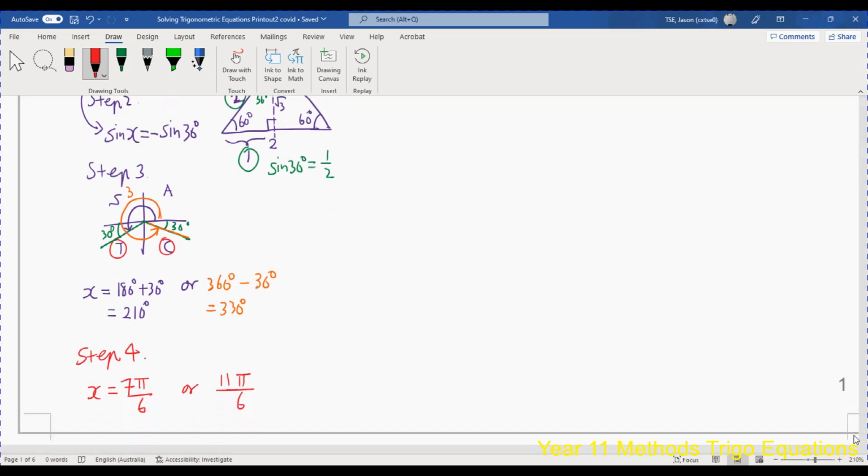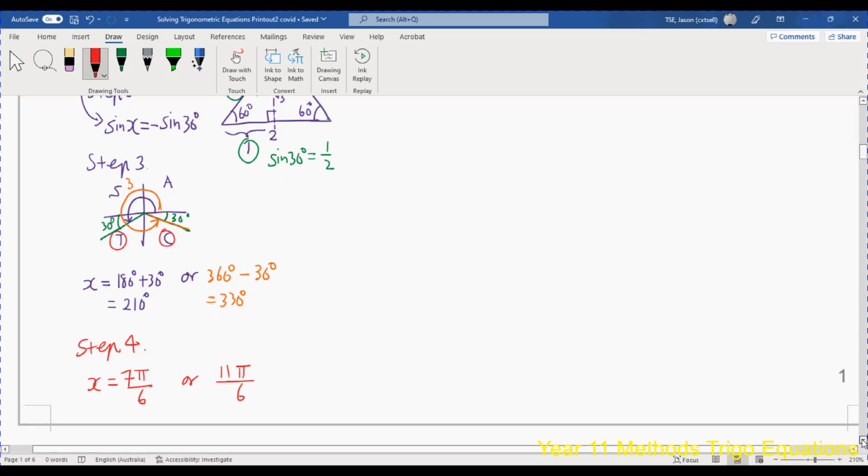Third step, according to the sign of the trigonometry function and the nature of that function, you need to decide which quadrant you are going to locate the reference angle. In that case, because sine is negative, you're going to use the third quadrant and fourth quadrant. And the last one, you have to convert that into radian.